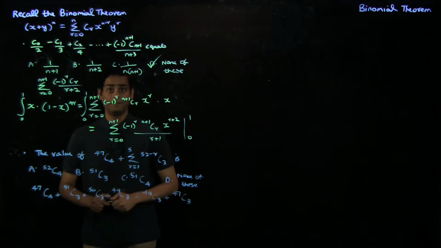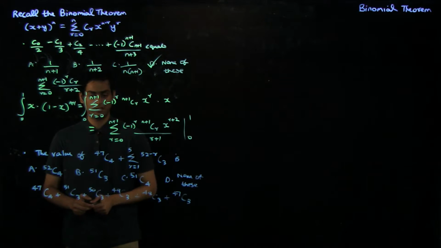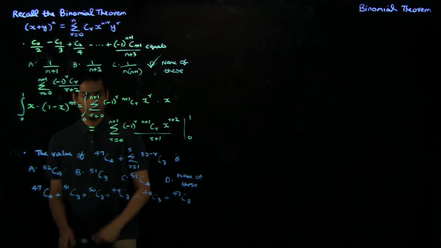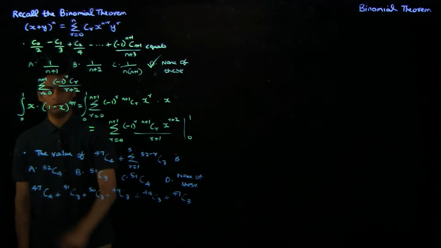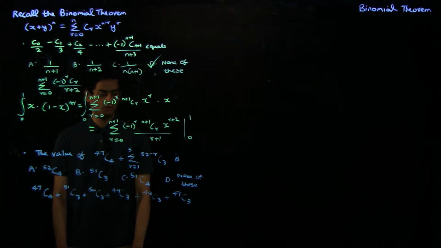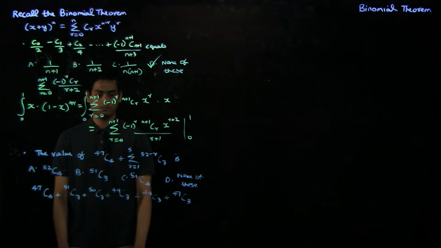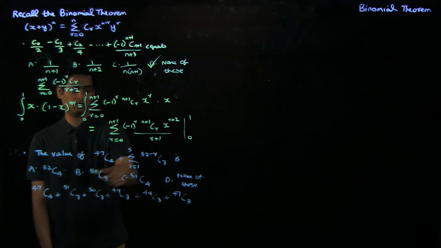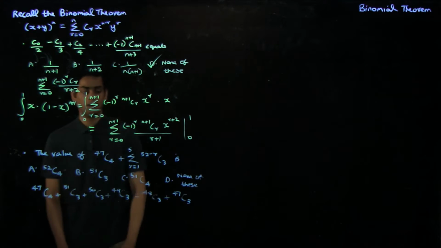Written in this way, there doesn't seem to be anything special about this summation. But notice that there are 2 terms which involve the number 47. So if we can somehow collapse all these terms into a single term, then we would get one of these answers. Otherwise, it could also be none of these.